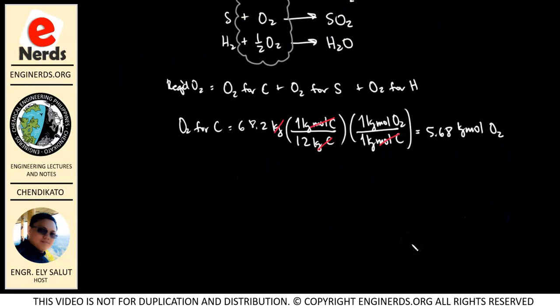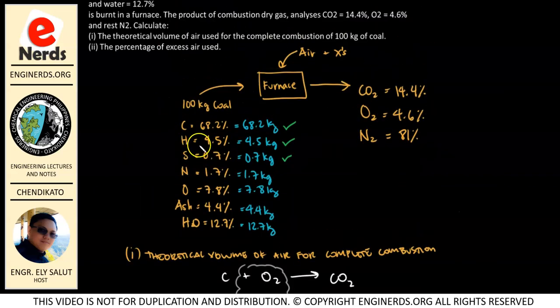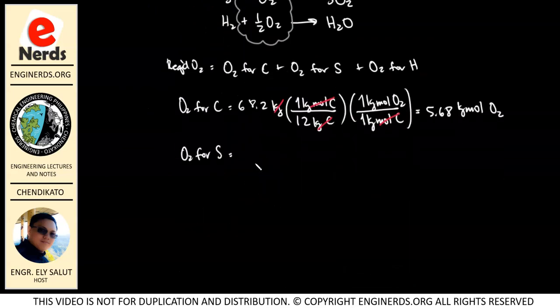Okay, next, we need to get the O2 for sulfur. So, ilan ang weight ng ating sulfur sa ating fuel? We have 0.7 kilogram. No? So, we have 0.7 kilogram of sulfur divided by its molecular weight.